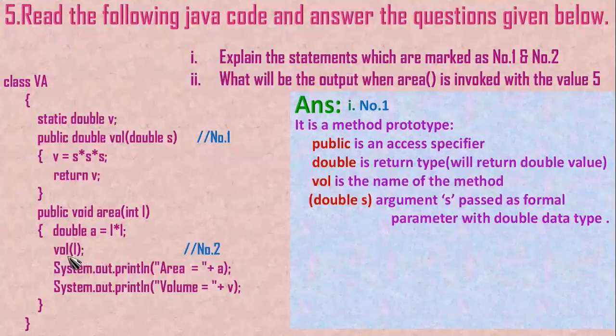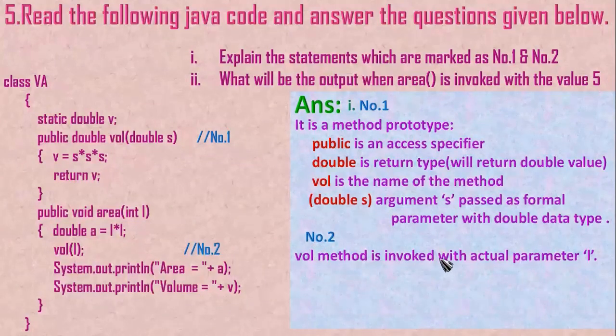Next number 2, VOL of L. So here VOL is invoked with the actual parameter called L. So we can write VOL method is invoked with actual parameter L. So next, what will be the output when area of is invoked with value 5.